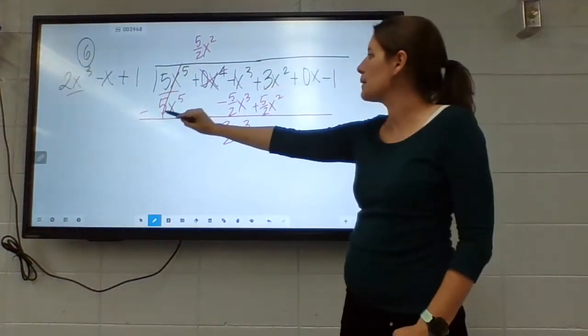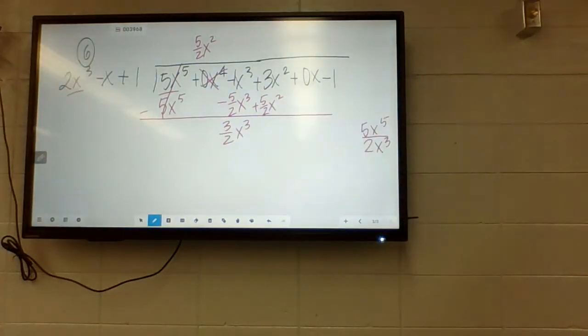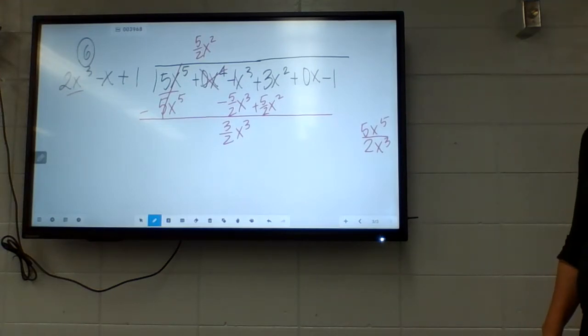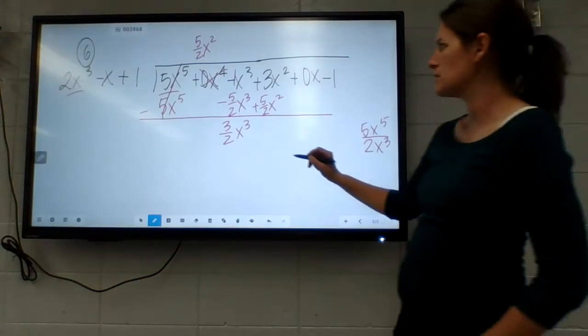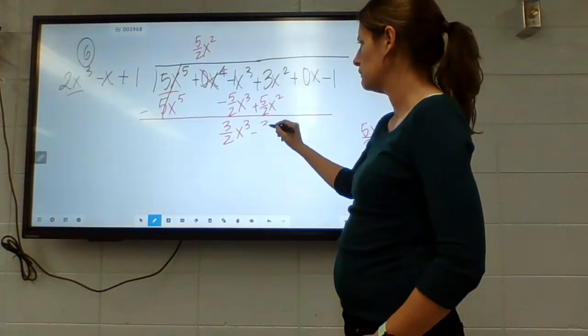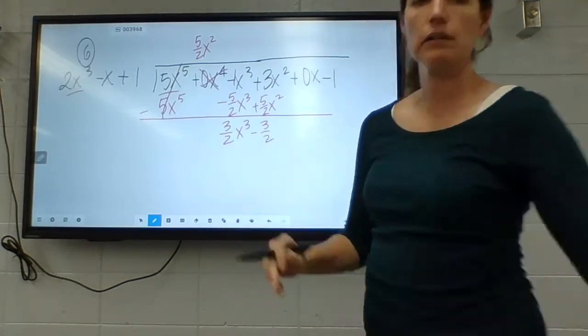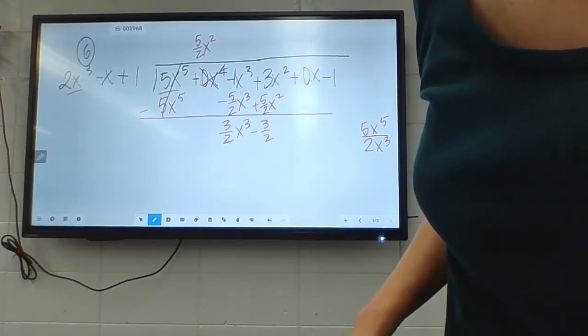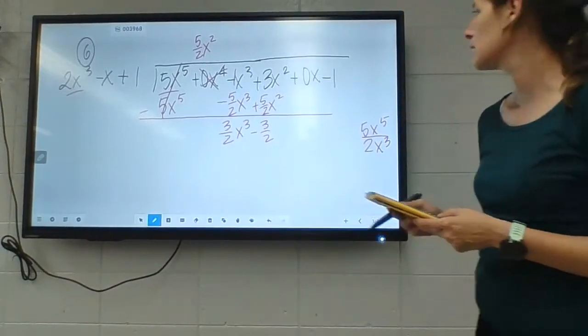Then 3 minus 5 halves. So what is that? 6 halves. So is that a negative 3 halves? I don't know. Anyone helping me out? What's that?